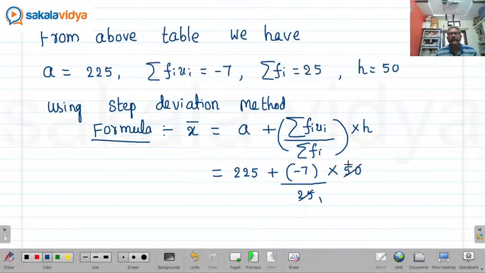25 ones are 25, 25 twos are 50, so 50 divided by 25 gives 2. 225 plus, into minus, -7 into 2 is -14. Now from 225 we need to subtract 14. 5 minus 4 is 1, 2 minus 1 is 1, 2 is 2. This is equal to 211.